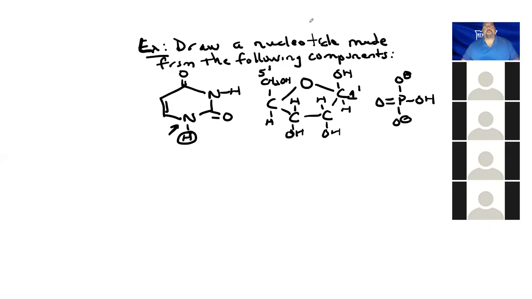And remember, the carbons in the sugars are numbered with primes to distinguish them from the carbons in the nitrogenous bases. We know that at carbon 1', you're going to have the link to the nitrogenous base. And at carbon 5', you're going to have the link to the phosphate group.